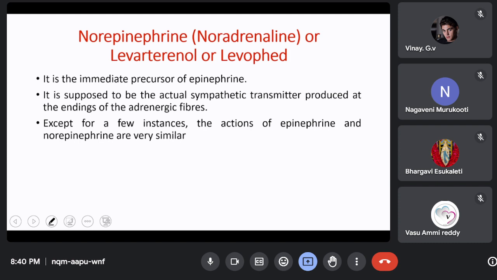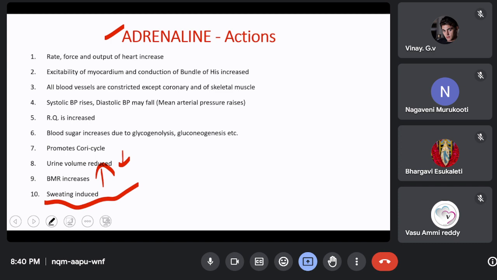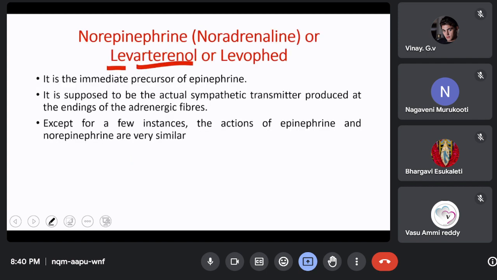Coming to the norepinephrine or noradrenaline, it is also called levarterenol, and hence certain books say that adrenaline is called arterenol because it is called levarterenol. Okay, and it is also called Levophed, and it is the immediate precursor of epinephrine.